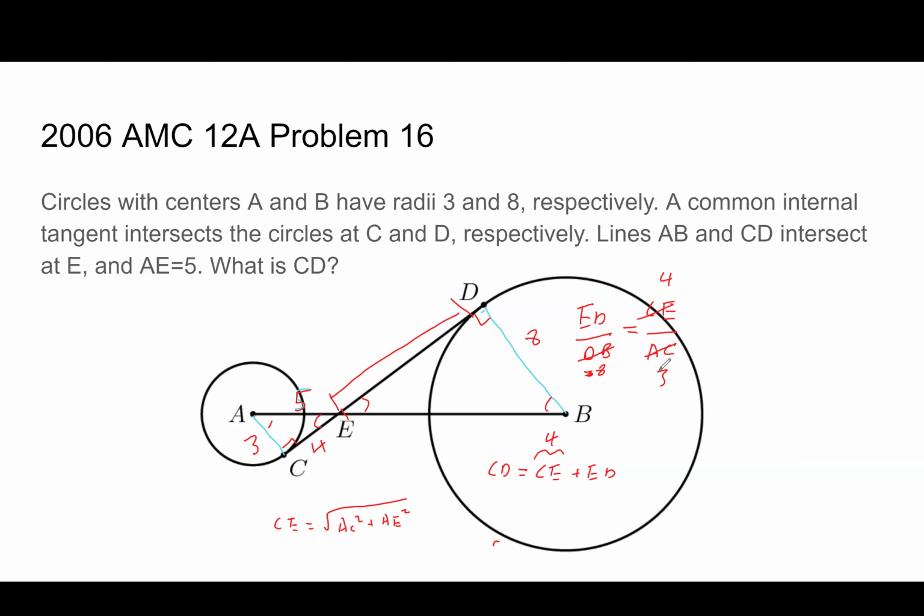AC is equal to 3. So I can solve for ED. ED is going to be equal to 4 over 3 multiplied by 8, which gives me 32 over 3. Since I have this ED, I can substitute it into my equation here. So I get 4 plus 32 over 3, and that gives me 12 plus 32, 44 over 3. So that gives me the whole CD.